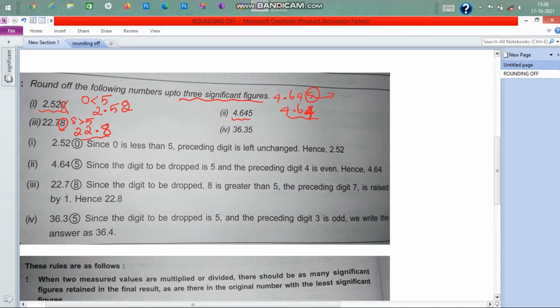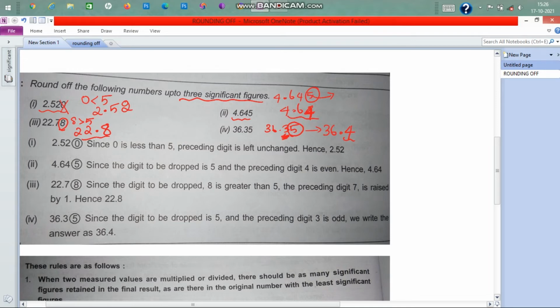And let us see this question, 36.35. Here the digit to be dropped is 5. Since the preceding digit is 3, which is an odd number, we are raising the 3 by 1, which gives 36.4. Why are we raising it by 1? Because 3 is an odd number.